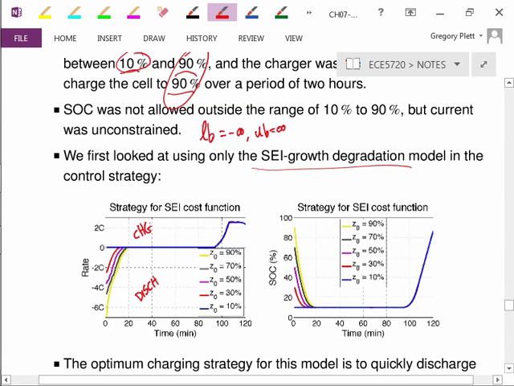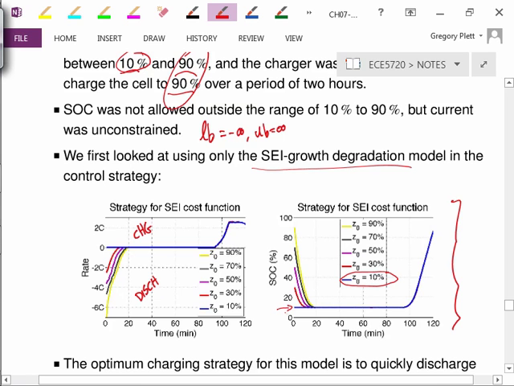It's maybe a little bit easier to see what's happening if we look at the plot on the right here that looks at state of charge of this cell versus time instead. And I got to tell you, the first time I ran this code and saw these results, I was surprised, but then I thought about it for a little bit and began to understand what was happening. Let's take the blue line first. We start at 10% state of charge.